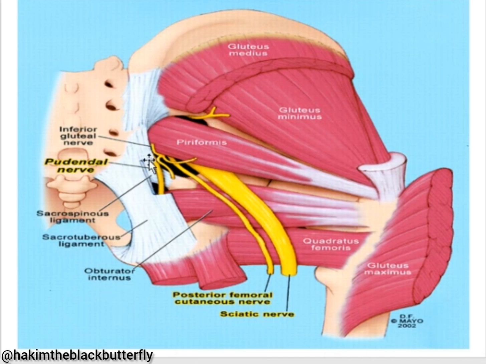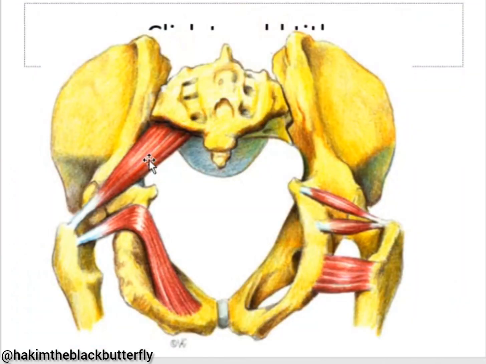So these nerves are accompanied by vessels. And it will do you good when you go and look at the gluteal region in detail and muscle by muscle, as I have mentioned there. You can see our piriformis, you can see our obturator internus.